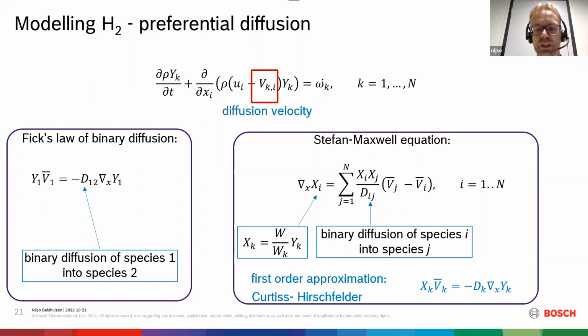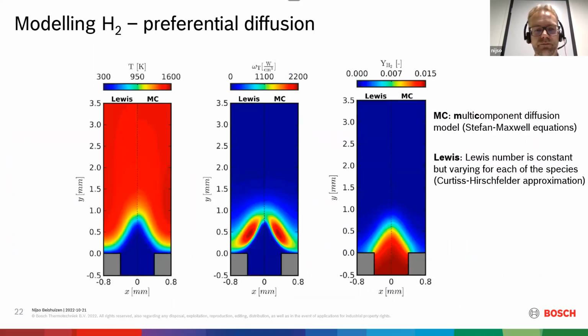Now, how do we deal with this in practice? We simply compute all this information in the 1D detailed chemistry simulations as well, and we also tabulate it. This is just an illustration to show that.